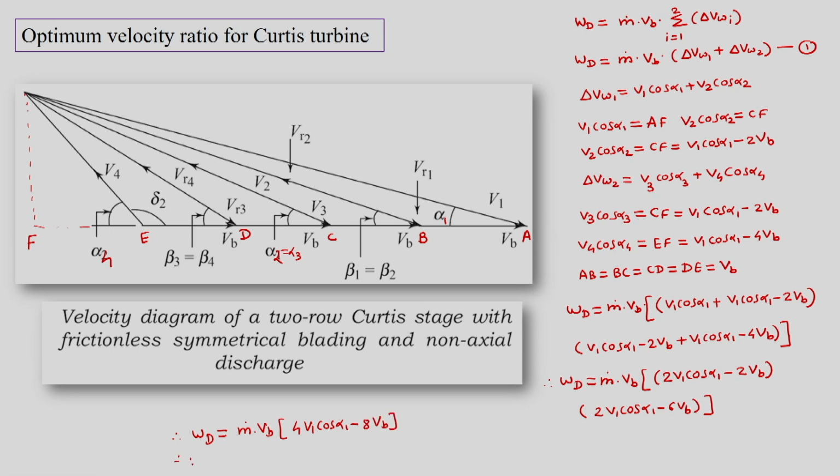So we have Wd equal to m dot into Vb, and then we can take 4 common, and then we will have V1 cos alpha 1 minus twice Vb. Then we can use this for our derivation of efficiency.